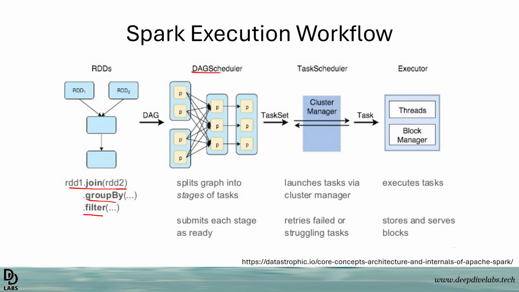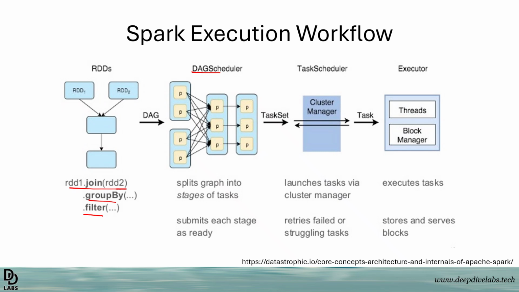It tells you that in order to do this, these are the steps. It splits the graph into stages of tasks. Furthermore, it converts the DAG into a physical execution plan with a set of stages. So here you can see that not only are we building the graph, but it also tells in what steps the DAG should be executed. These are the stages that we talked about in the earlier slide.